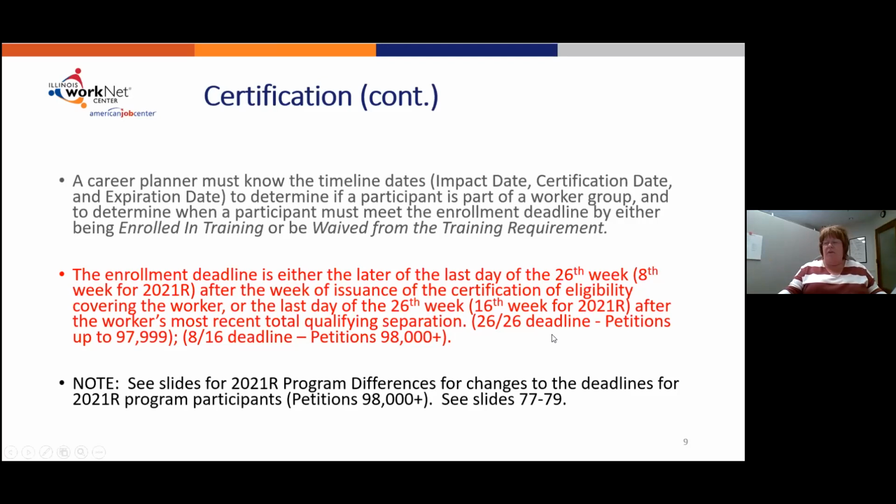We call it the 26/26 deadline, and that is for petitions up to 97,999. The deadlines are 8/16 for petitions of 98,000 plus.